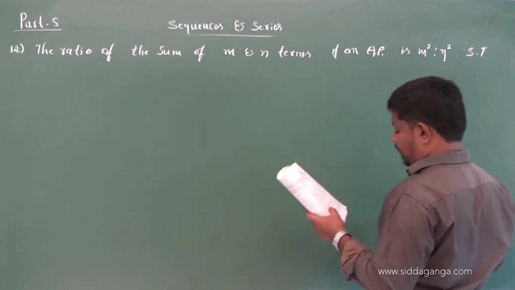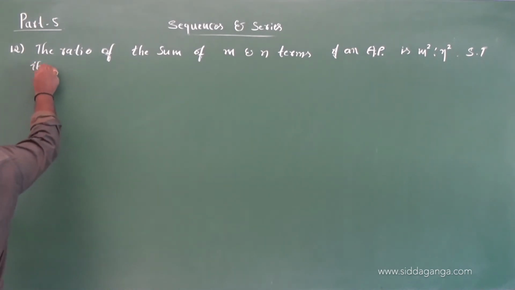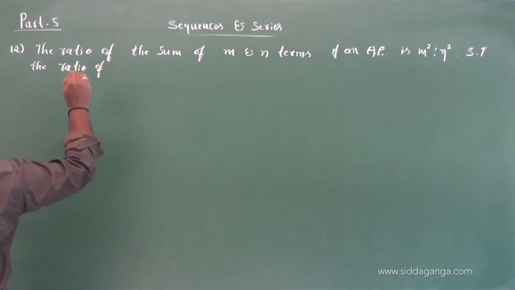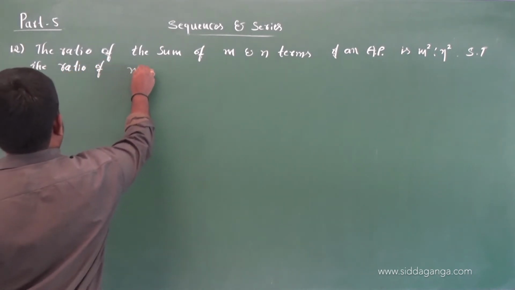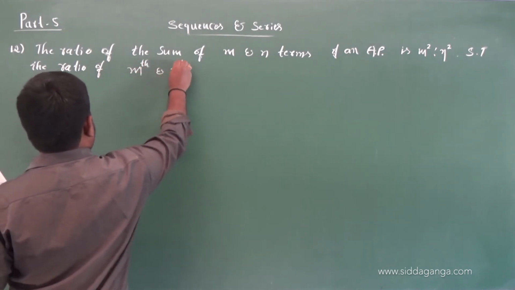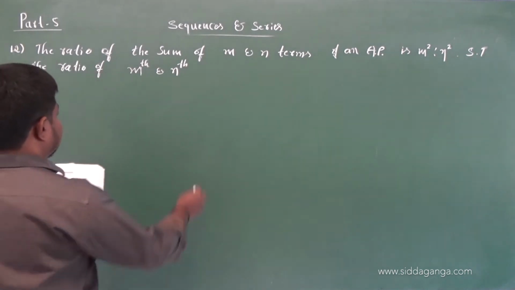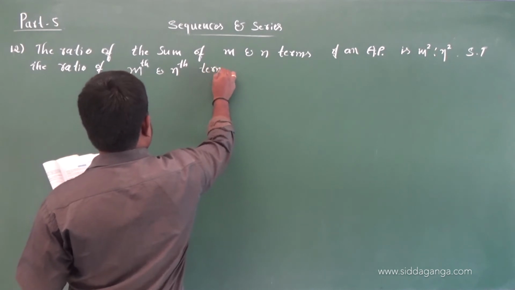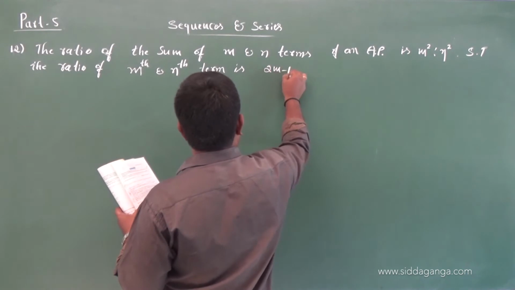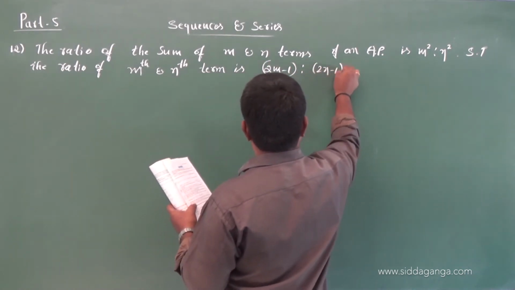Show that the ratio of the mth and nth terms is 2m minus 1 is to 2n minus 1.